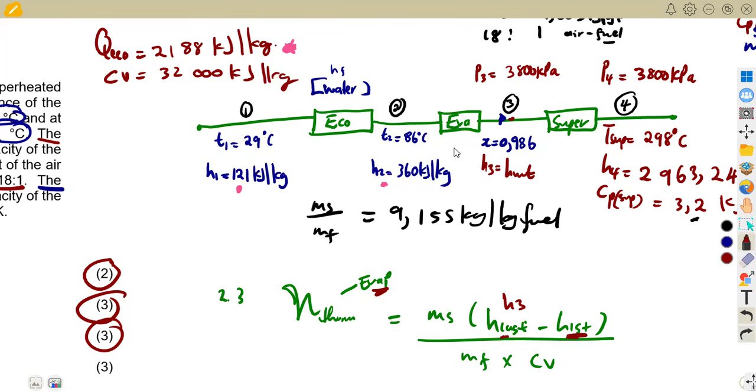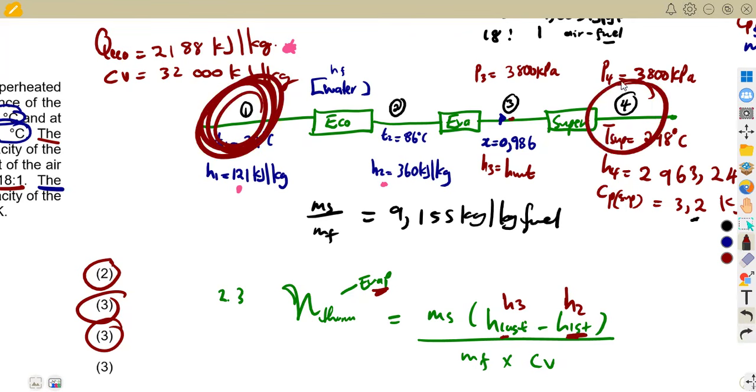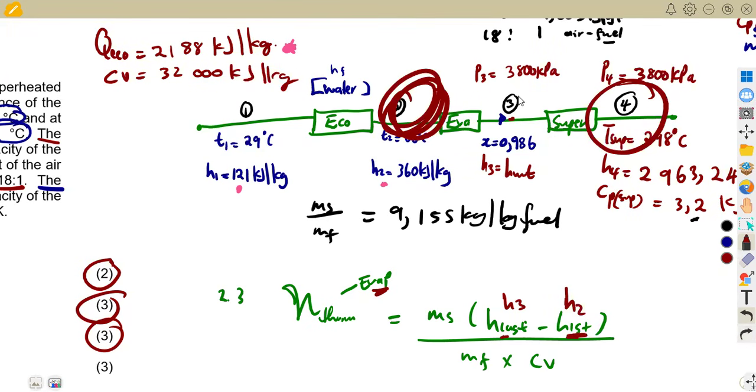No, you focus on the points that build up the evaporator. That will be your first, so H first there is your H2. But if it was for the entire plant, it will be H4 minus H1, not H3. The entire plant is from where it started to where it ended at point 4. The evaporator starts here and ends here, so first and last are on the evaporator only.